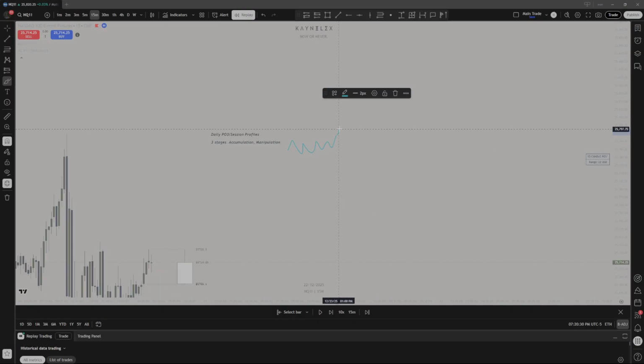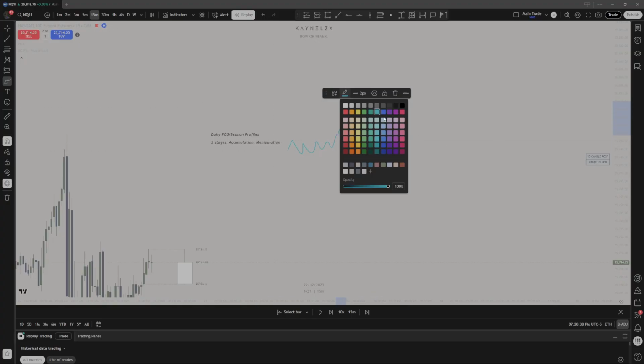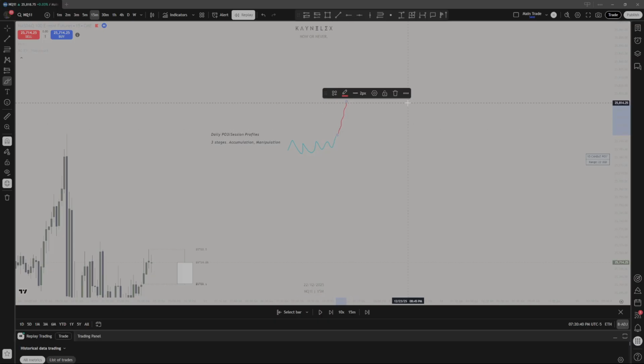Manipulation is when price manipulates up to sweep out all these highs and creates an SMT. Price will always create an SMT when it manipulates.